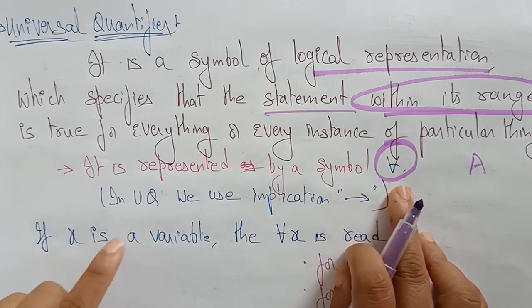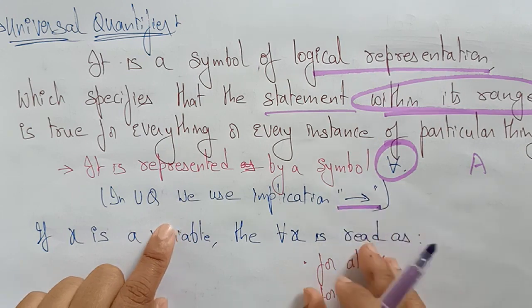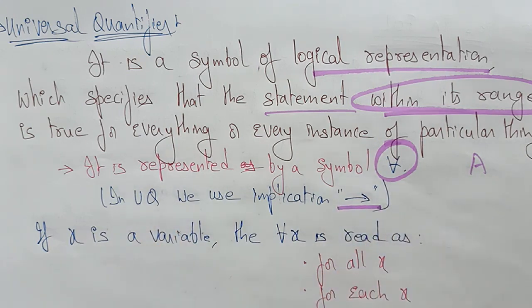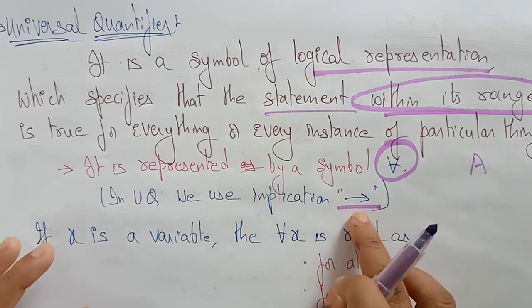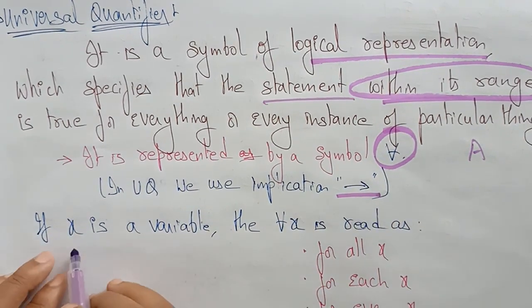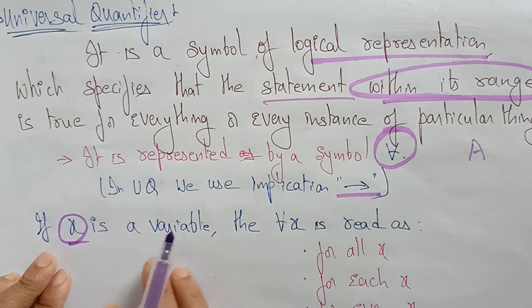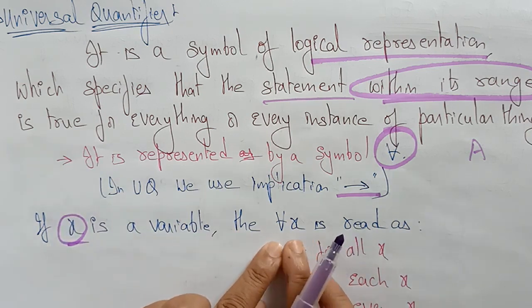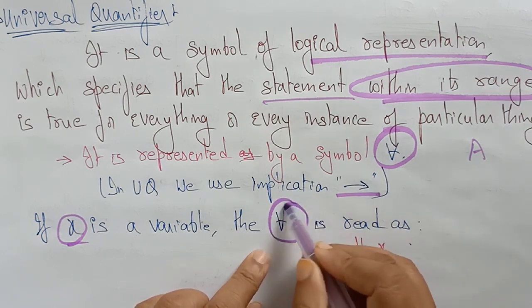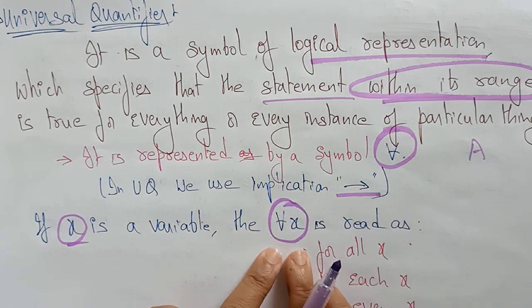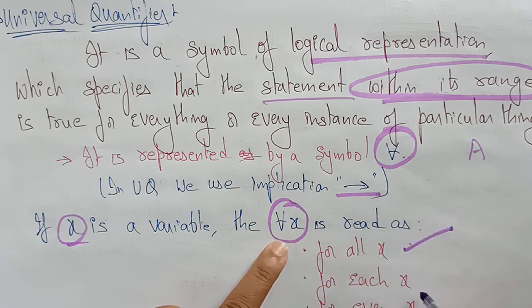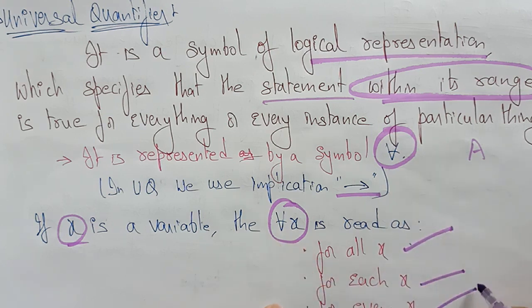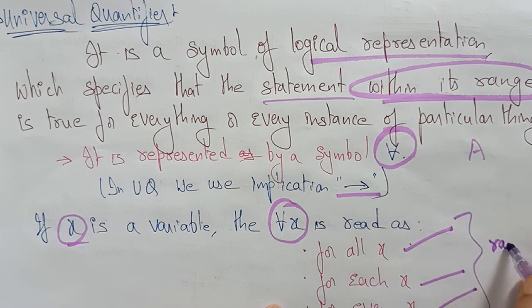In the universal quantifier we use the implication symbol. If you want to represent two statements, you have to use this implication symbol. Suppose x is a variable, then for all x, the universal quantifier x, is read as for all x, for each x, for every x present within the range.